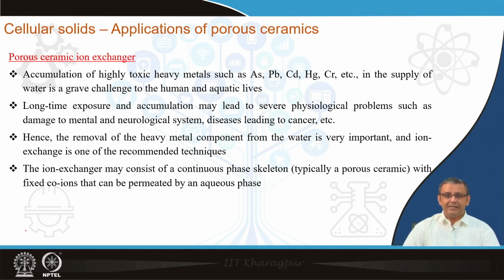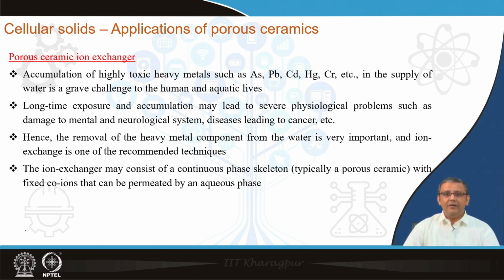Because of the very large amount of porosity, as I already mentioned, if this porosity is interconnecting, like open porosity, then we provide a very high surface area for the water to pass through. This ion exchanger may consist of a continuous skeleton, which the porous ceramics provides, with fixed co-ions, and the harmful ions, like these harmful metal ions, can be exchanged for the desirable ion.